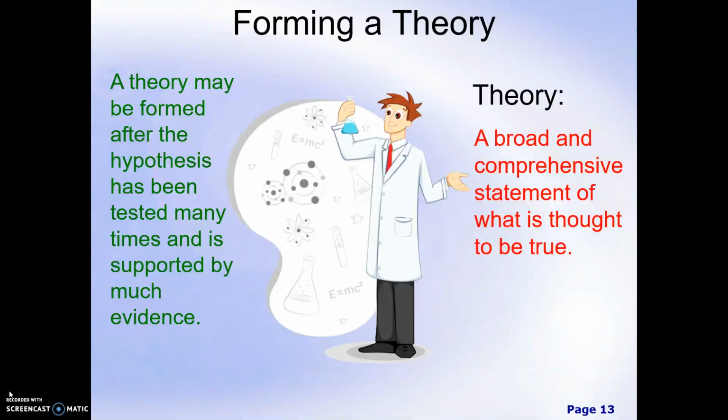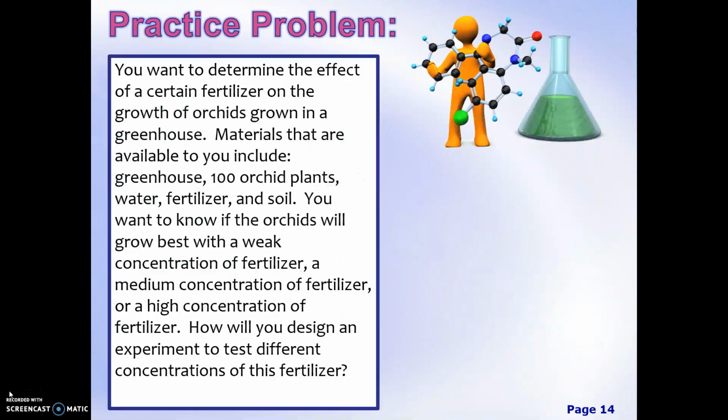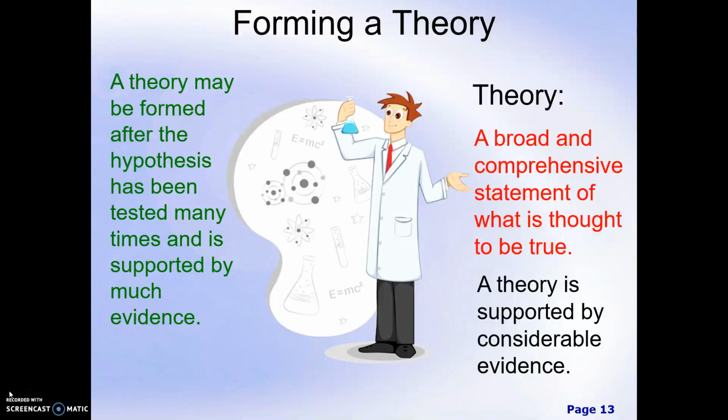And we think that this is what happened. So that's what a theory is. It's supported by tons of evidence. So a good example of this is the theory of evolution or the theory of plate tectonics. We say theory, and we have to remember in science, a theory is the truth.